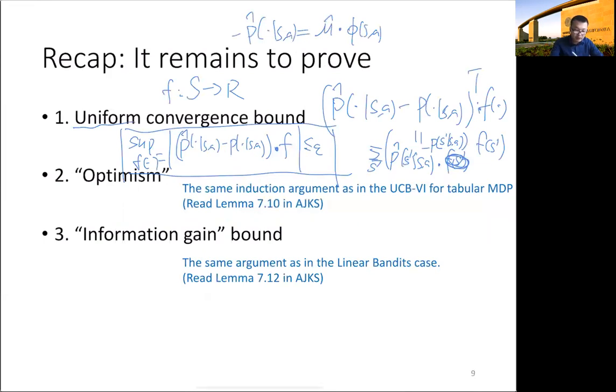Therefore, if we subtract the true transition kernel here, it becomes subtracting the true mu parameter as well. And we can group these two together so that what we need to bound is really the inner product between this phi(s,a) and the difference of your estimated value and the true value.